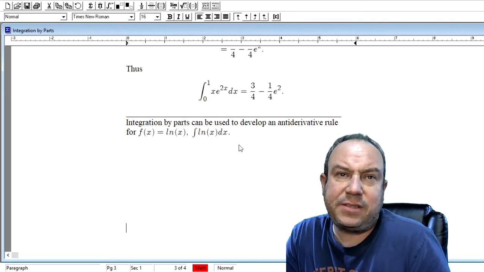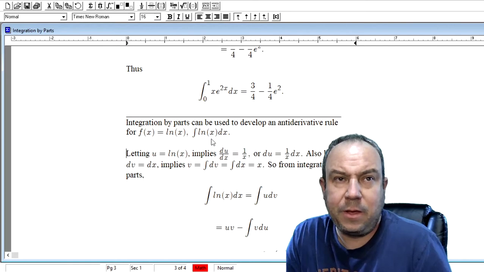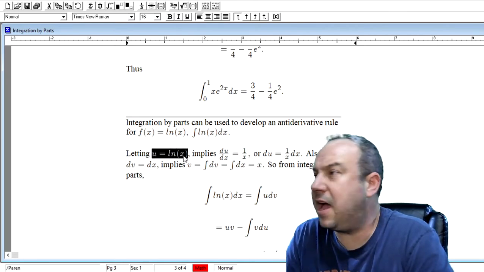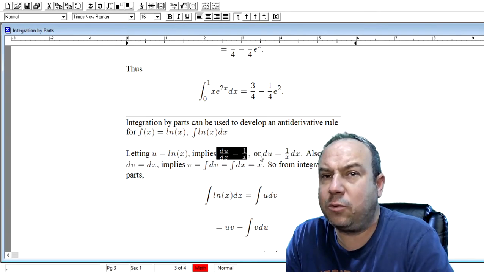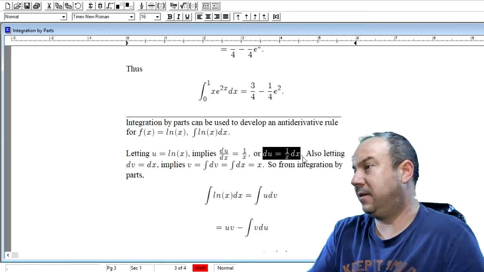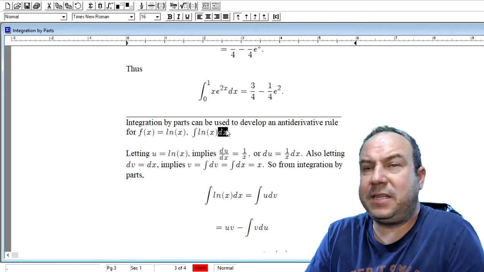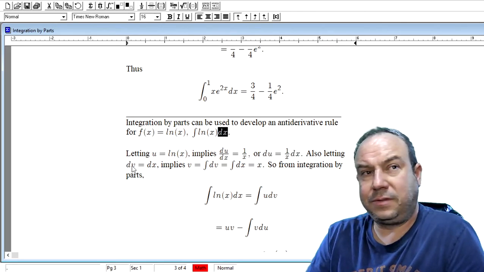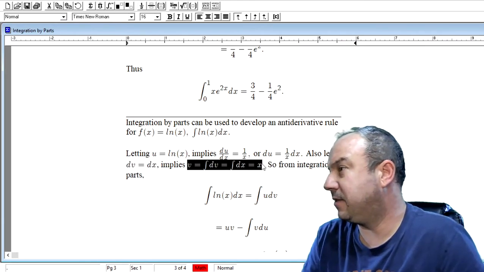And the way this is done, in this case, we let u equal the ln of x. That does imply du/dx is equal to 1 over x, or when we think about the quantity du, that is simply 1 over x dx. This will end up implying that dv is simply dx in value, which implies through integration that v must be equal to x.